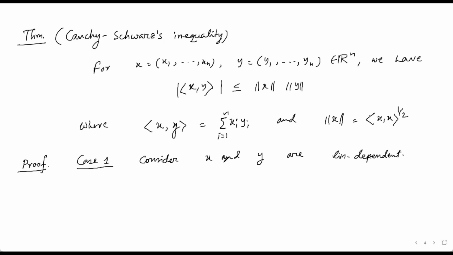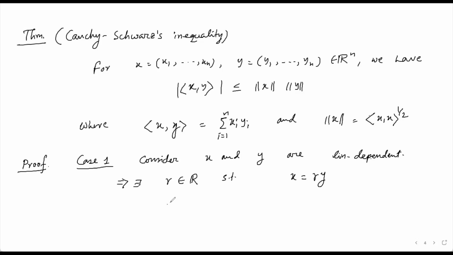When x and y are linearly dependent, this implies there exists some real number r such that x equals r times y.